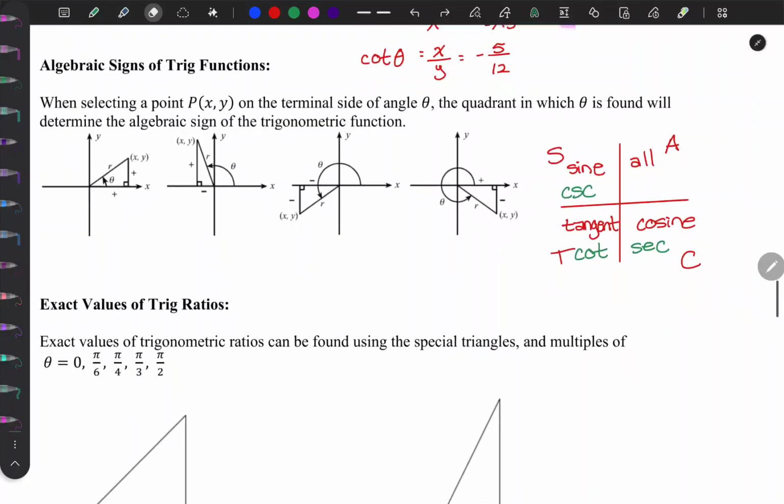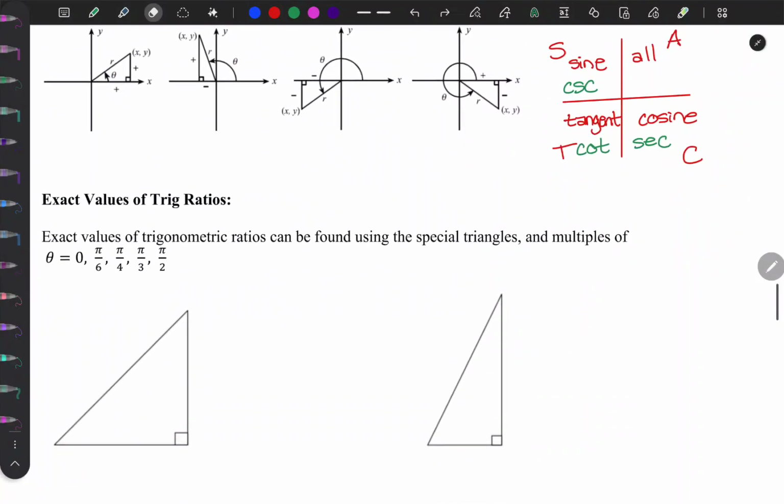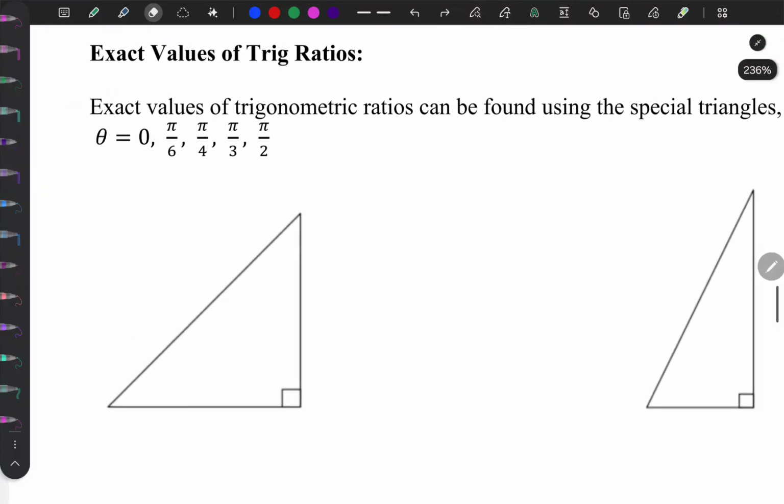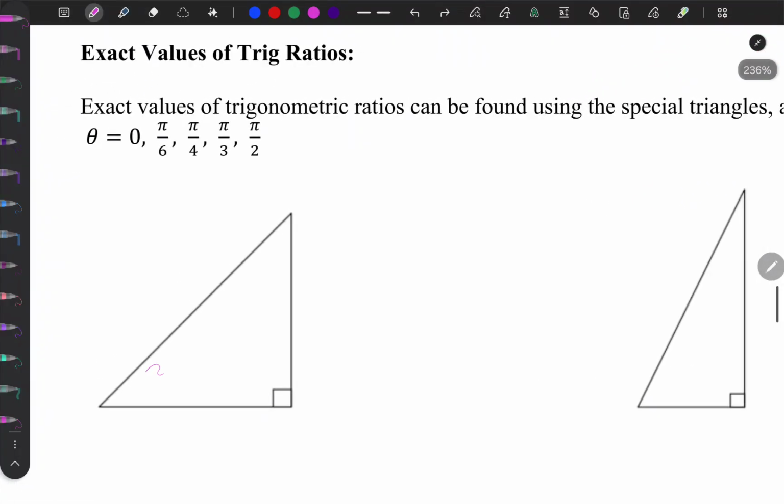All right, before we go on to finding some more trig ratios using exact values, let's just do a little refresher of our special triangles. And let's practice doing them with our angles in radians this time. So one of our special triangles is the 45-degree angle triangle. In radians, that is pi over 4, pi over 4, and 90. And our sides are 1, 1, root 2.